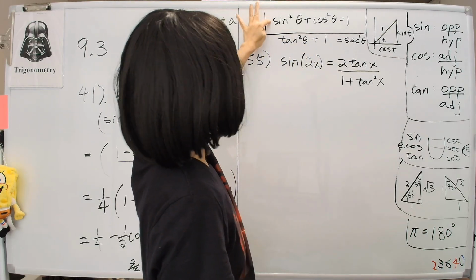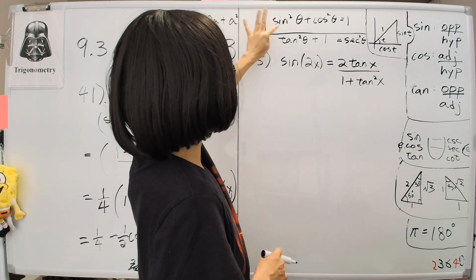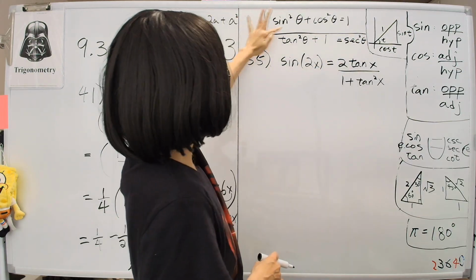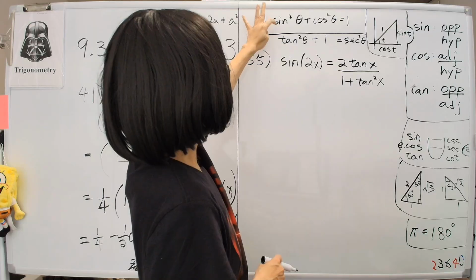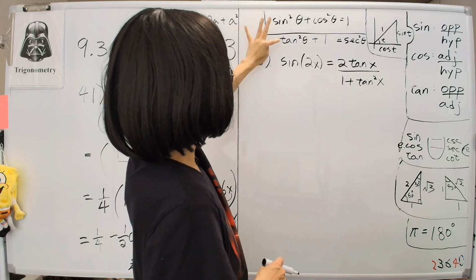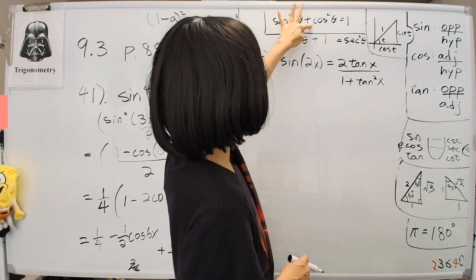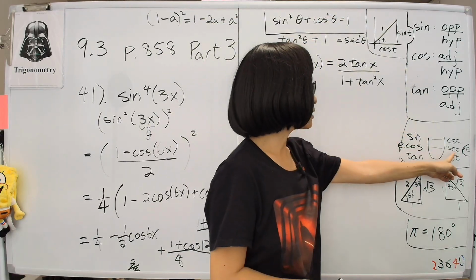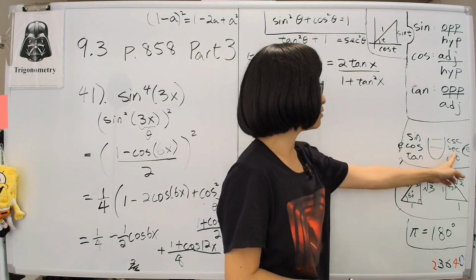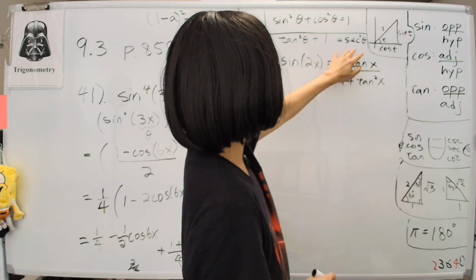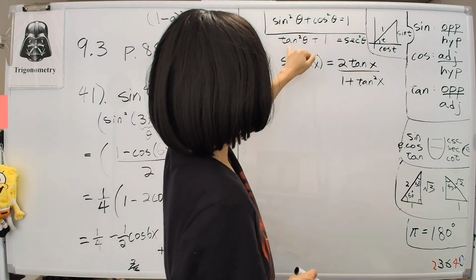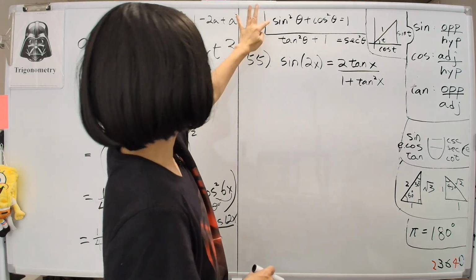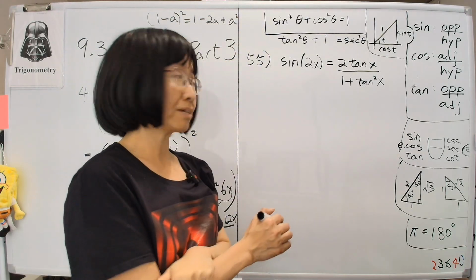If you divide this Pythagorean theorem by cosine squared theta, then sine squared over cosine squared is tangent squared. Cosine squared over cosine squared is 1, and 1 over cosine squared is secant squared, since the reciprocal of cosine is secant. So tangent squared theta plus 1 equals secant squared is another way to say the Pythagorean theorem.